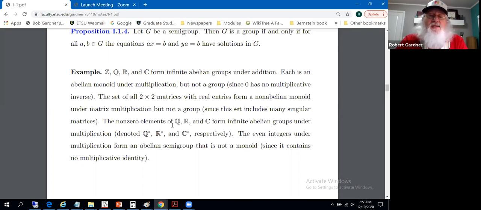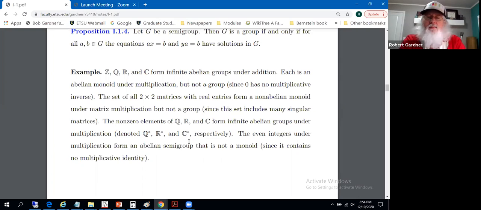We can take the non-zero elements of the rationals, the reals, and the complex numbers and form an infinite abelian group under multiplication. In fact, we'll see some of these manipulations deeper in the course. So what we're doing is simply removing 0 from these 3 sets and saying under multiplication, now you've got yourself an abelian group under multiplication. What are you worried about?